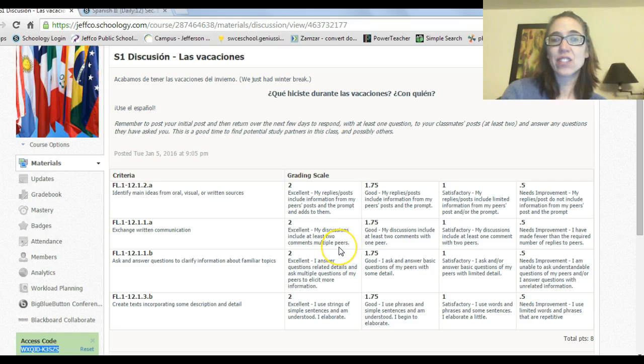You have at least 2 comments with multiple peers, so you're not just answering one person, but multiple. As well, you have a little more advanced replies to individuals. This kind of ties into that first one, as well as multiple questions being asked that actually ask them for more information versus just a regurgitation of what they've already said.